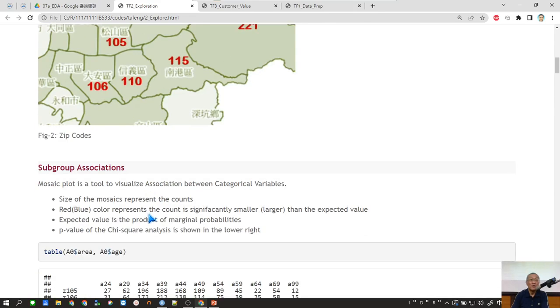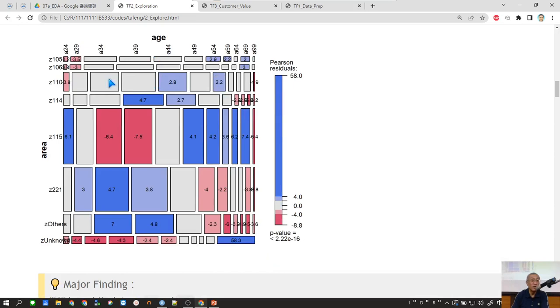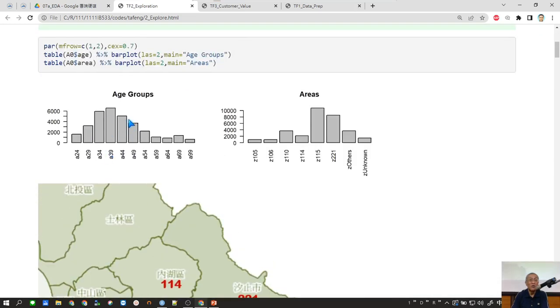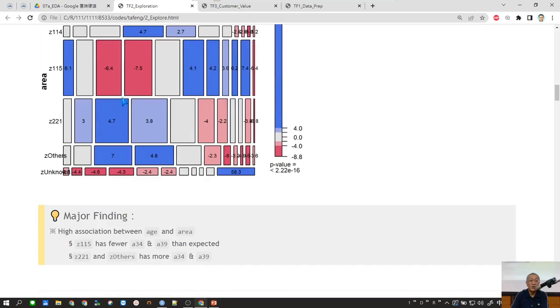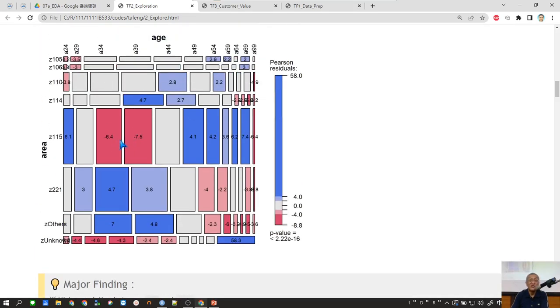When using this joint distribution, we compare the age distribution of each area with this one. Because these three age groups are larger in general, even though this is large, compared to the other areas it's still smaller.